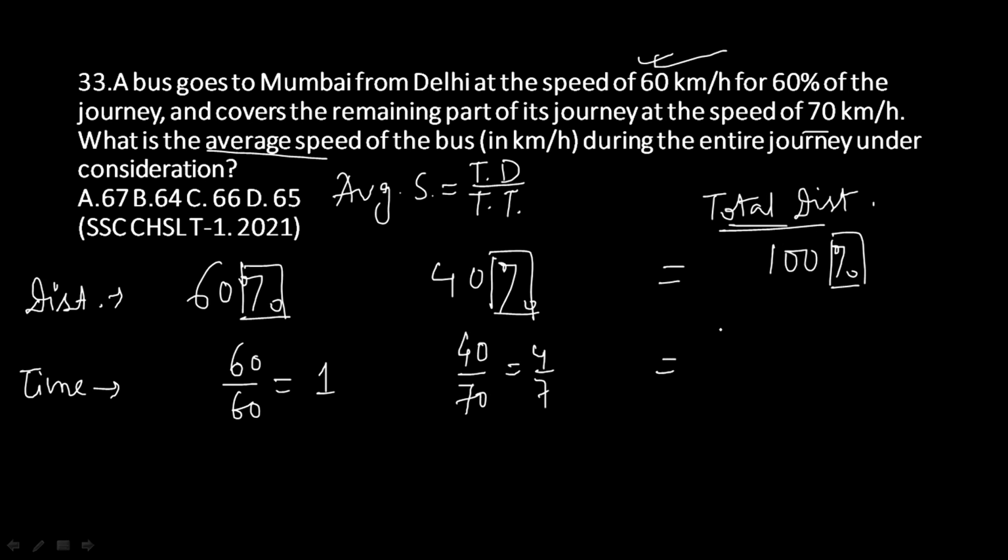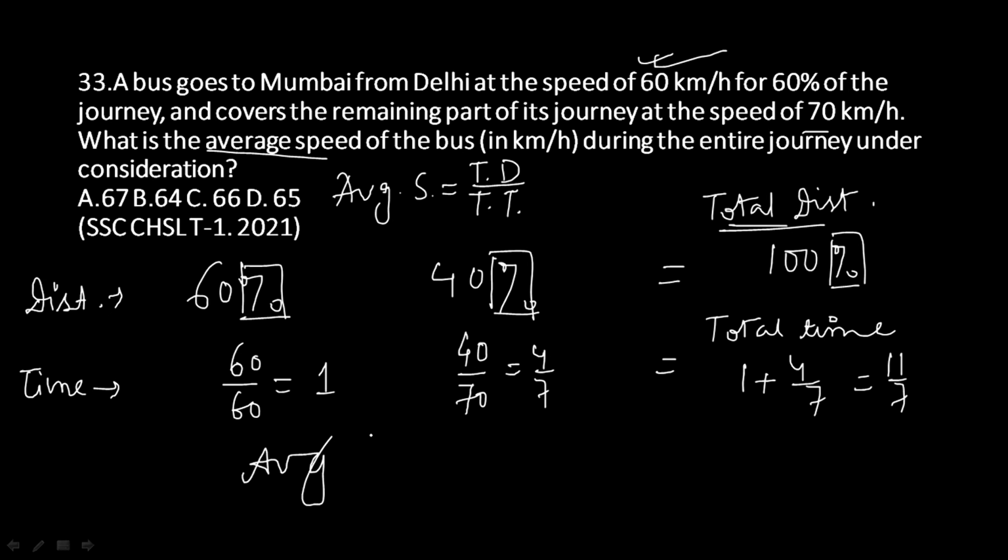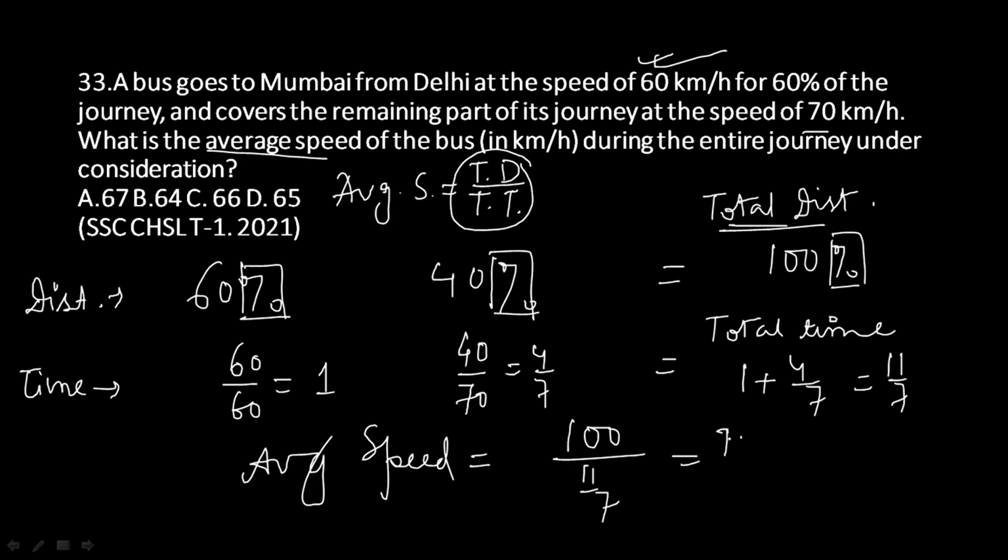So what is the total time? Total time is 1 plus 4 by 7, which is 11 by 7, right? So the average speed is then 100 upon 11 by 7, because it is total distance upon total time. So 100 upon 11 by 7 is equal to 700 by 11.